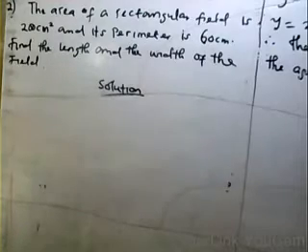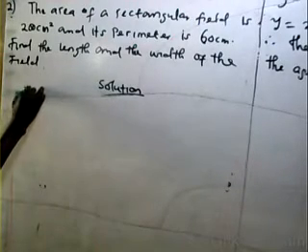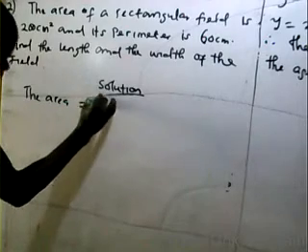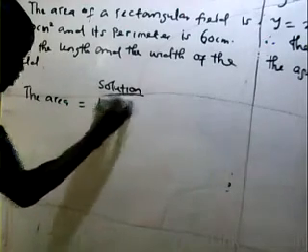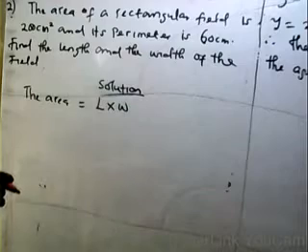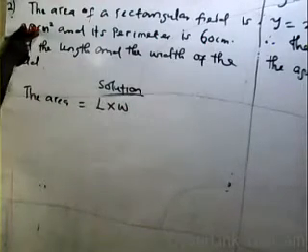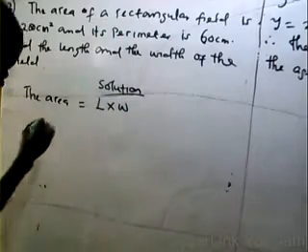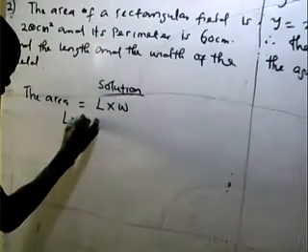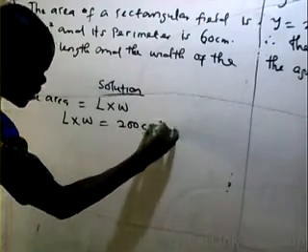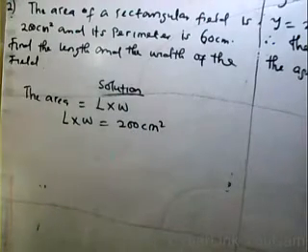We know the formula for the area is length times width of that rectangular field, and that length times width is given as 200 centimeter square. Are you getting it now?